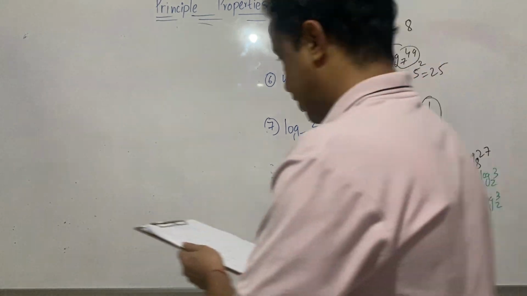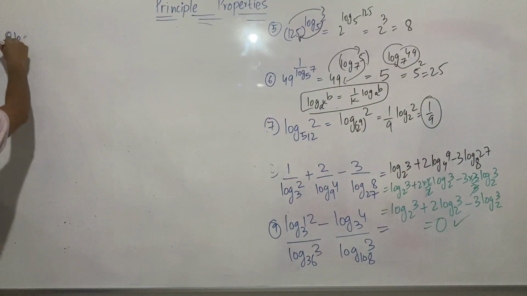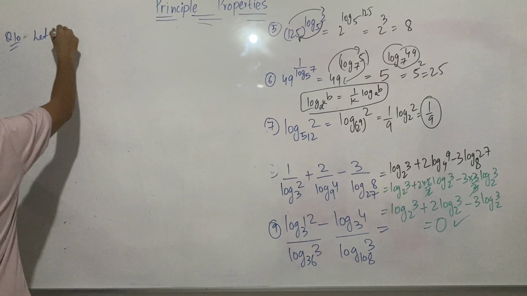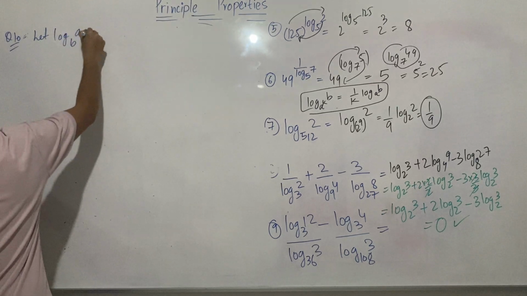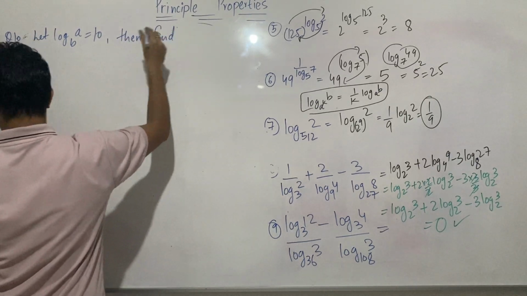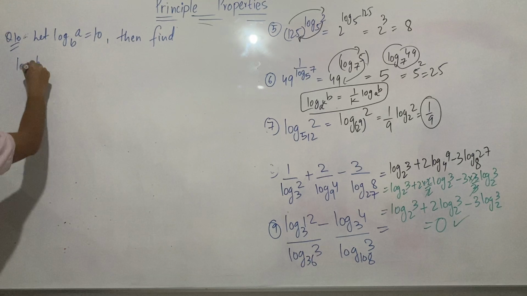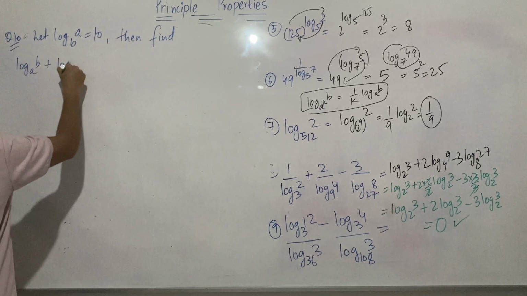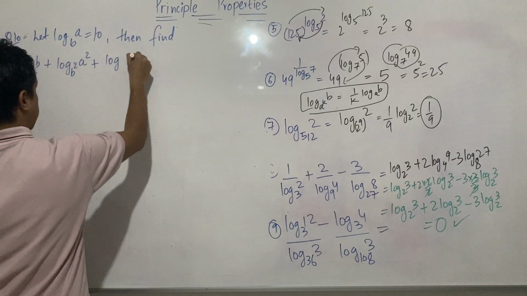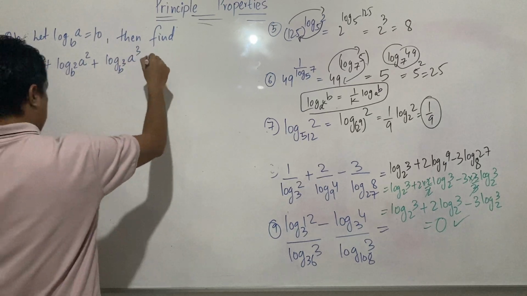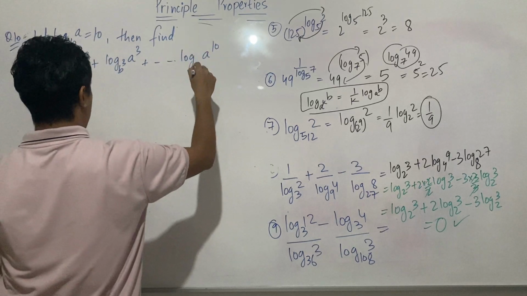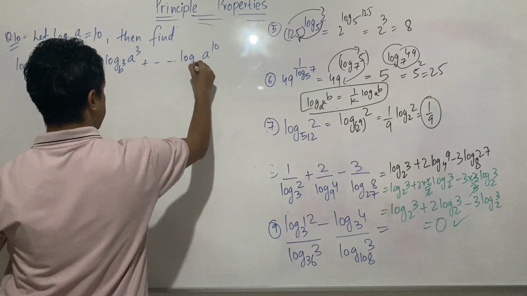Okay, so next question, question number 10, says that, let log a to the base b equals 10, then find log b to the base a plus log a square to the base b square plus log a cube to the base b cube, and so on, log a raised to power 10 to the base b raised to power 10.